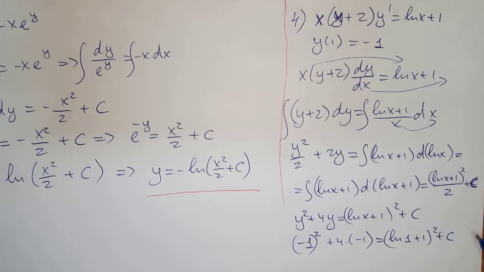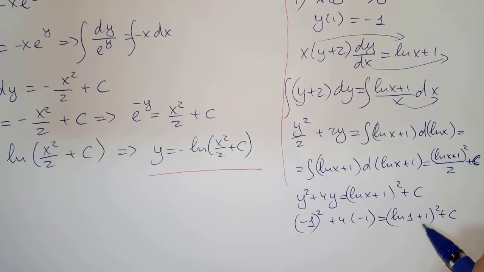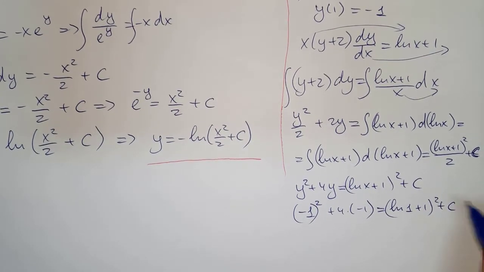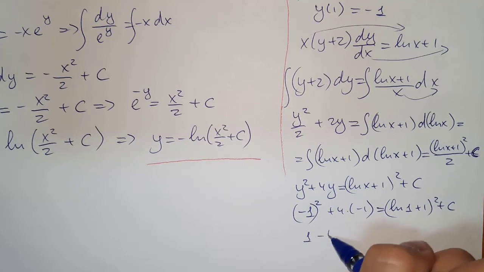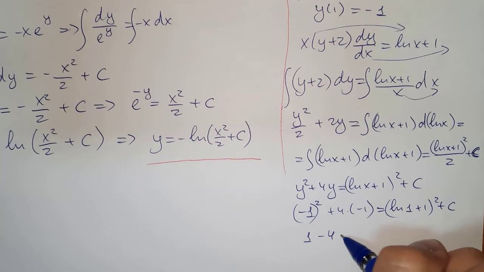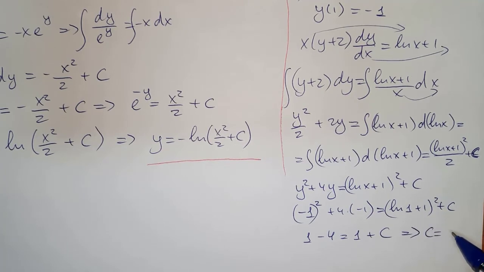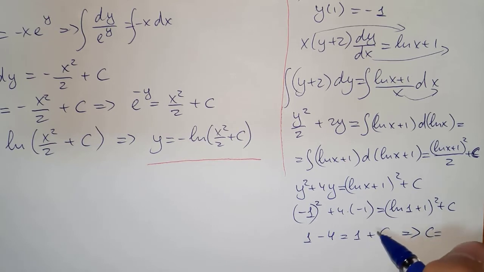We need to find this constant, in order to find the particular solution. So now it will be 1 minus 4, and it is just 0 plus 1, 1 plus c. Hence, c is what we'll get here, so it is minus 4.